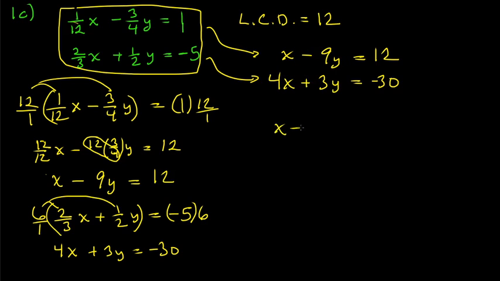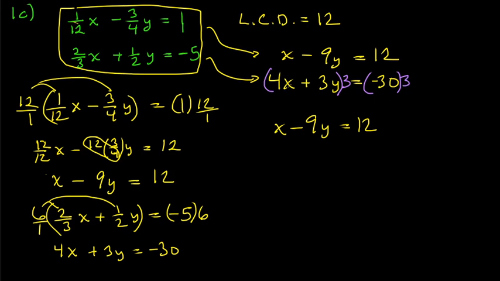So I'm going to leave the first equation alone, x minus 9y equals 12, and I'm going to multiply the second equation. In order to cancel the negative 9, I'm going to make this a positive 9y. And I do that by multiplying by 3.